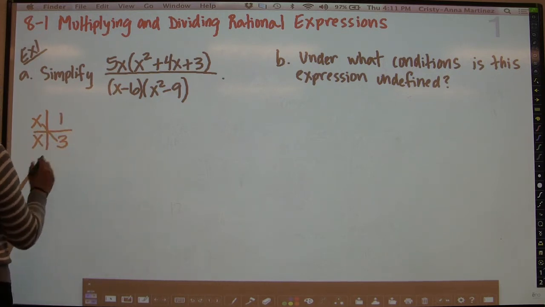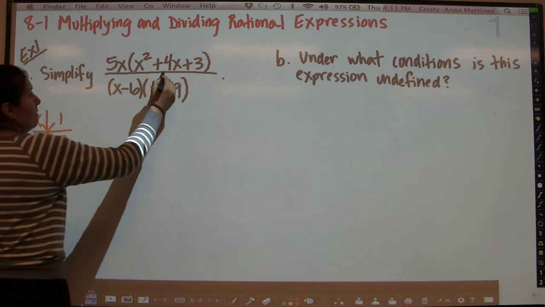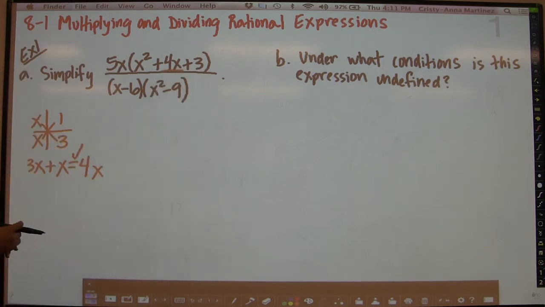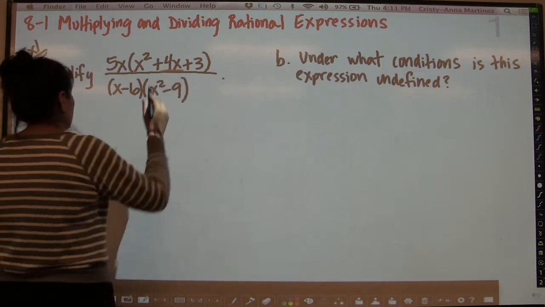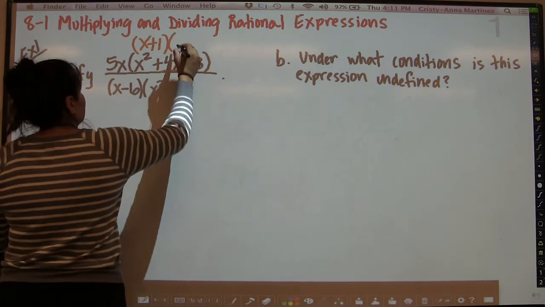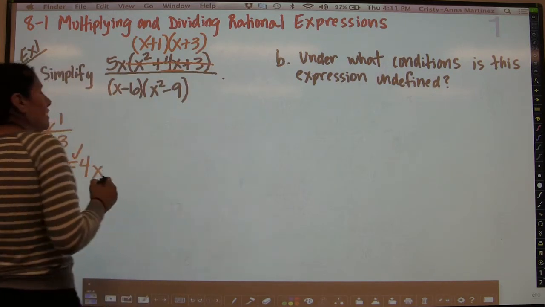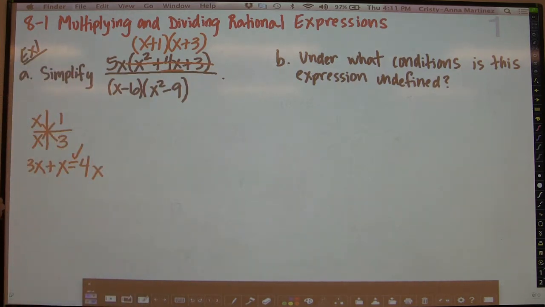And it turns out that I get 3x plus 1x, which is in fact 4x, which is the middle term. Therefore, my factors for x squared plus 4x plus 3 are going to be x plus 1 and x plus 3. So now I can replace it with x plus 1 and x plus 3.